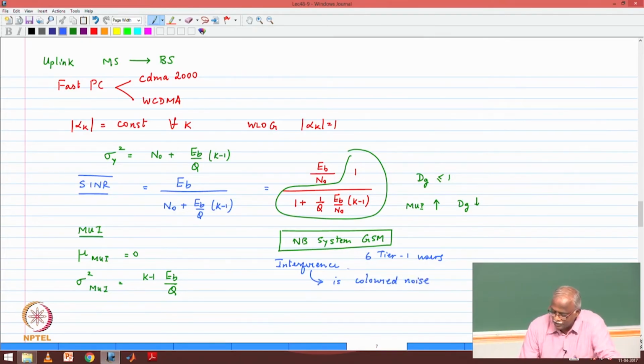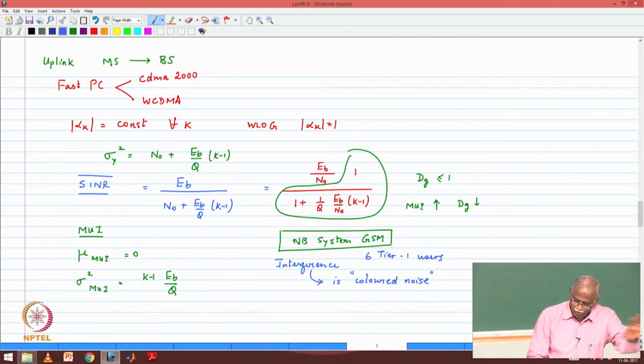So the interference management in a GSM system has to keep in mind that once it becomes an interference dominated system, it moves away from AWGN into a noise which looks highly colored. It has a strong spectral shape.